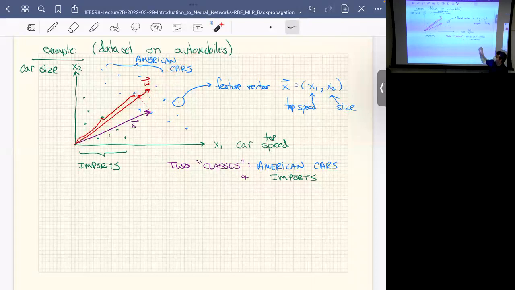So if my points are aligned in a certain way that we say is linearly separable, and I'll write that down in a second, then all I need to do is choose a weight vector whose angle is just right. And if the angle is just right, then I just need to choose a bias term that tells me how much along that angle I need to go to get into one class, otherwise I'm in the other class. So like this weight vector, if I look at it, I can see that, actually, I'll go to my highlighter.